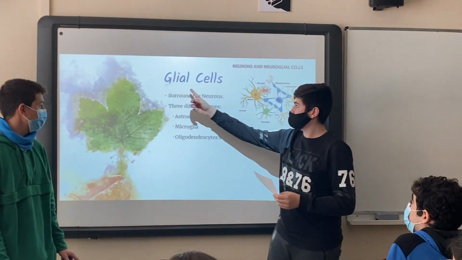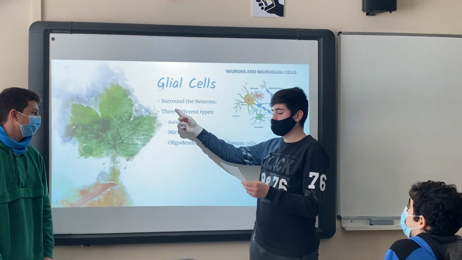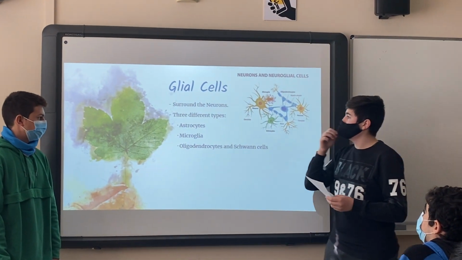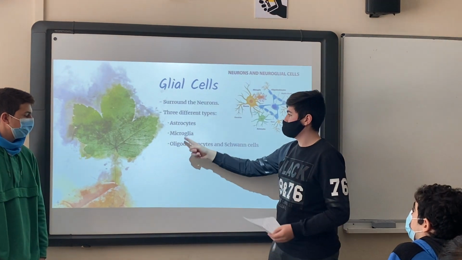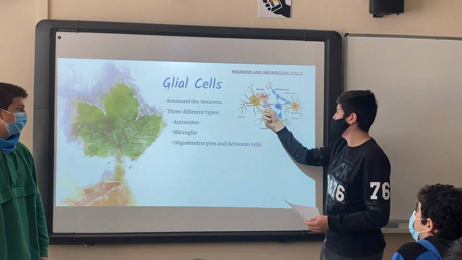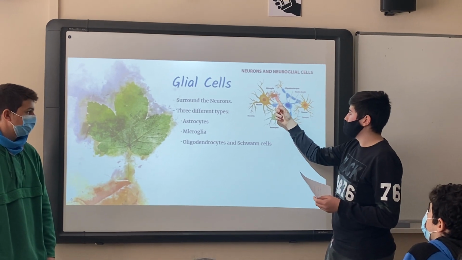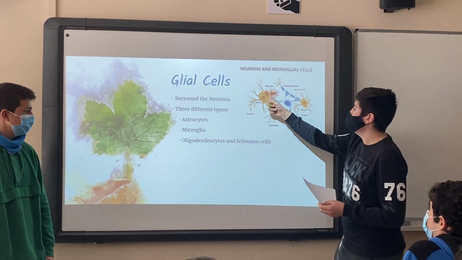Then we have glial cells that surround the neurons, giving support. And well, we have three different types. Astrocytes, that are these small ones that have a star shape, that provide nutrients to the neuron.